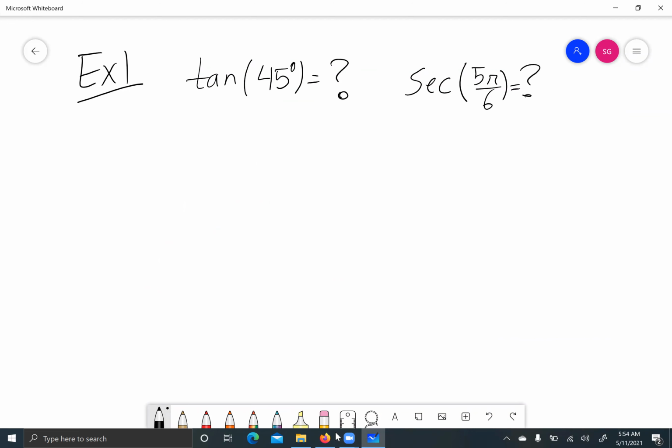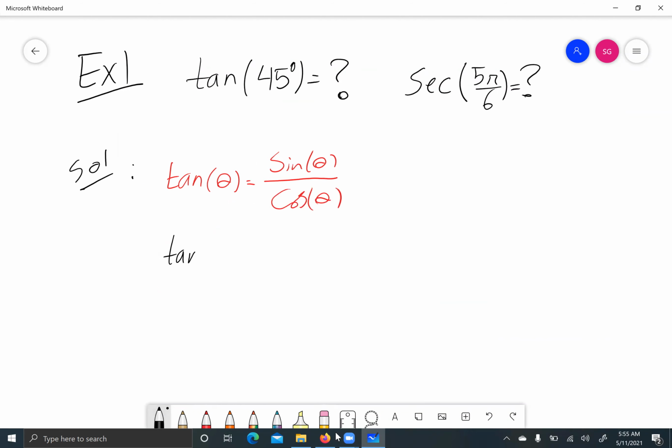Okay, so let's first do tangent. What is tangent? I'm going to use the identity that tangent of theta is sine over cosine.